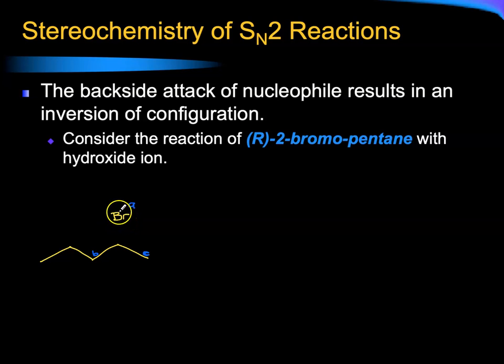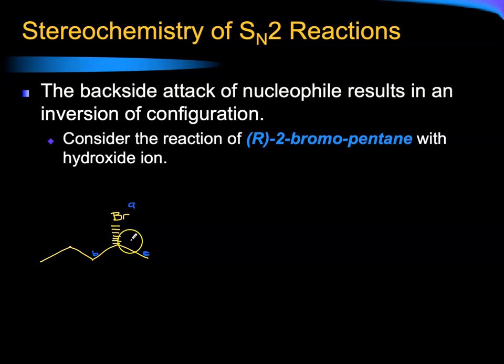However, if the bromine were in fact going away from us, let me go ahead and draw that in now. If the bromine is going away from us and we're tracing around to the left to suggest that this would be S, we have to remember that the bromine is actually going into the plane, which means a hydrogen, which is the lowest priority group, is coming out toward us.